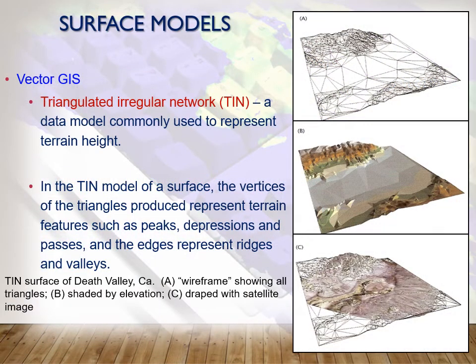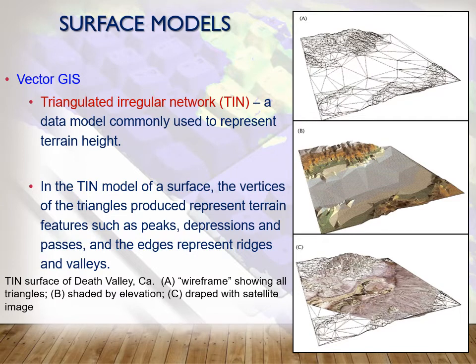You could also create a tin. I mentioned a tin earlier, and a tin, unlike what we just saw, which was raster, a tin is actually vector, and we use small triangles to represent the terrain, and peaks and depressions are also embedded into this sort of wireframe triangular model to help shape or basically represent the shape of the topography of Earth.